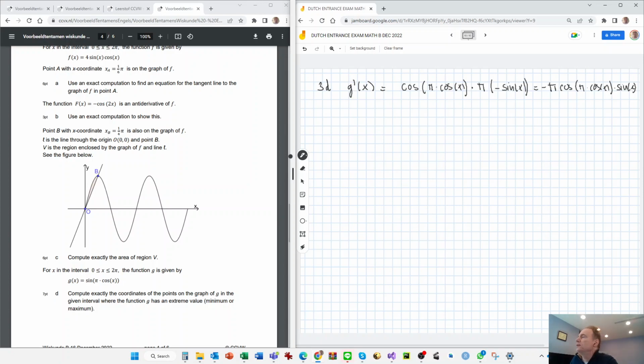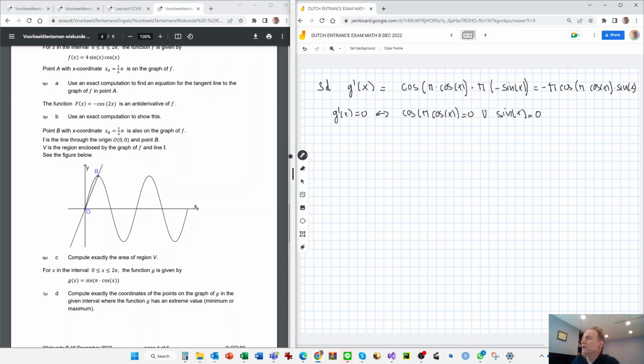So this is 0 when either the first term is 0, or the second term is 0. So you can just say that g prime x is 0 when the cosine of pi times cosine of x is 0, or the sine of x is 0.